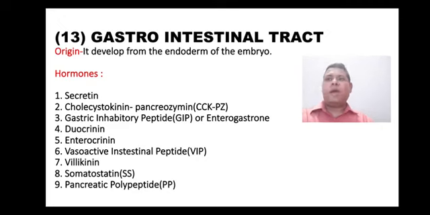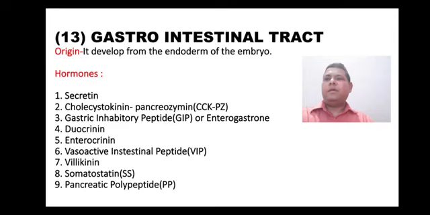Number 1, stomach. The mucosa of the pyloric regions of the stomach synthesizes, stores and secretes the hormone gastrin. This hormone acts on the gastric glands and stimulates the secretion of hydrochloric acid and pepsinogen.